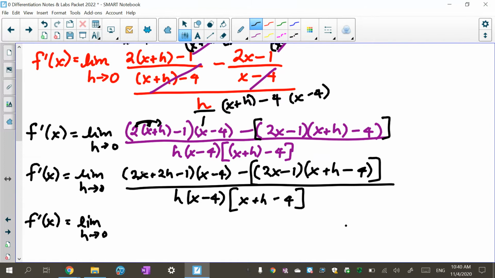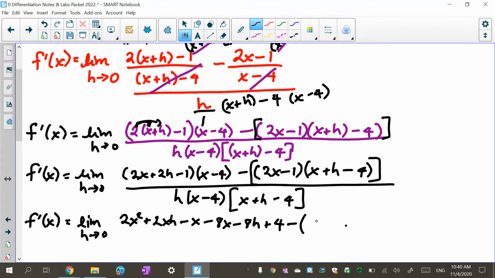So this first one here, I'm going to multiply x times all of this. So I have 2x squared plus 2xh minus x, all right? Then I'm done with the x. I'm going to multiply them all by -4: -8x minus 8h plus 4. So I just multiplied this first thing out, minus, and then I'm going to do a parenthesis so I can remember to change all my signs when I'm done.